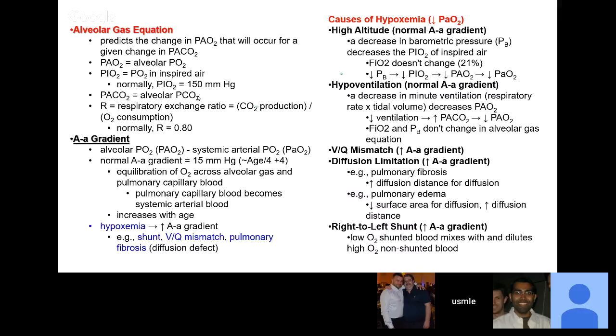But remember, once again, that the alveolar-arterial gradient is going to be the same, for one reason: the exchange between oxygen and CO2 doesn't change. The alveoli and the blood are normal, so the exchange will be normal. The only difference is that the pressure changed the amount of oxygen in the air.